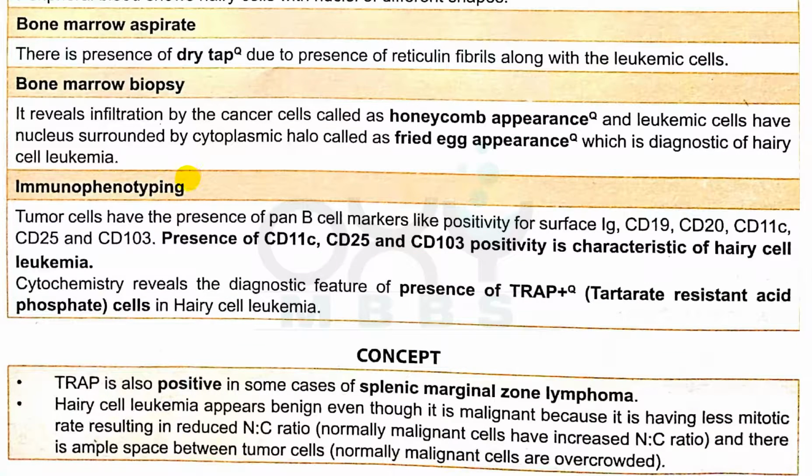Now friends, if we talk about the immunophenotyping, so these are the B cells. So they will have CD19, CD20, and also they have CD11c, CD25 and CD103, and this is positive only in hairy cells. So tumor cells have the presence of B cell markers like surface immunoglobulins, CD19, CD20.